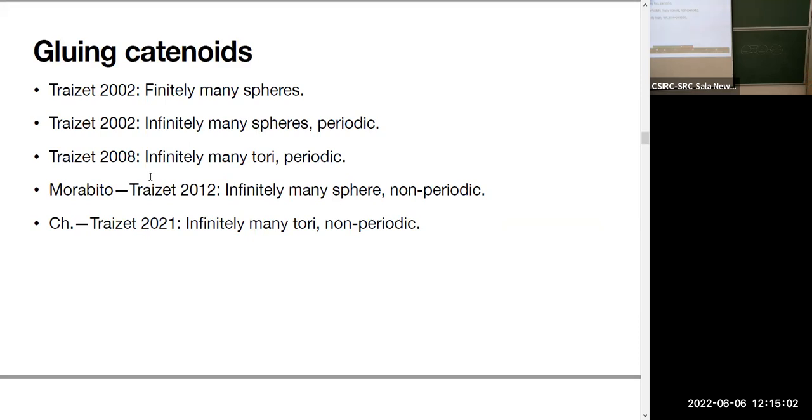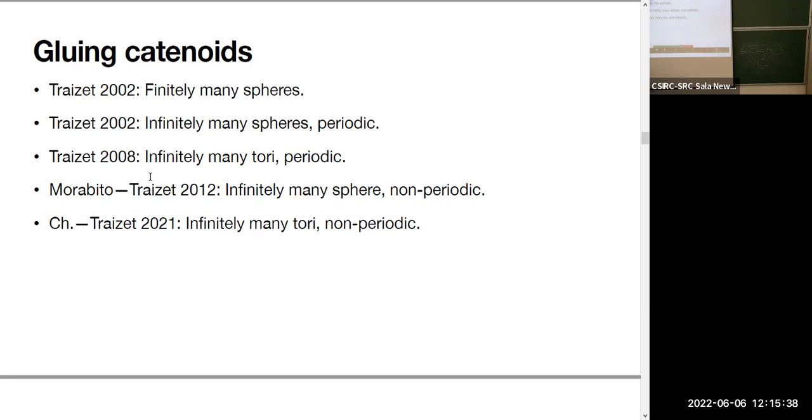And here are his 5 papers. In the first paper, he glued finitely many spheres. And in the second paper, he glued infinitely many spheres, but moving together, parallel. So he goes in this way. What does that give you? If you glue periodically, you have a singly periodic minimal surface: 1, 2, 3, 4, 1, 2, 3, 4, and so on.